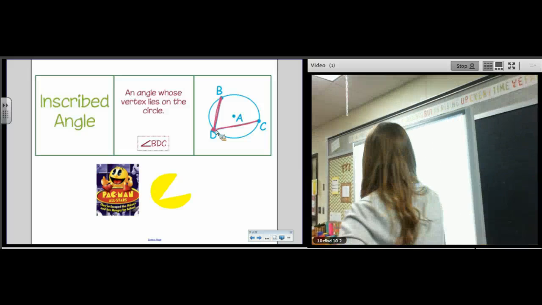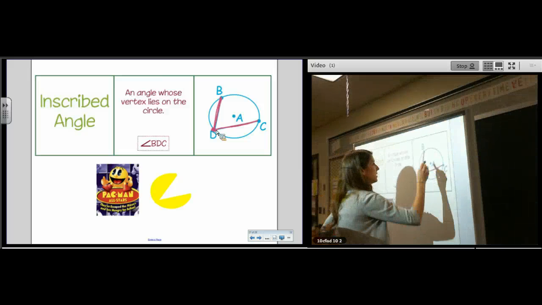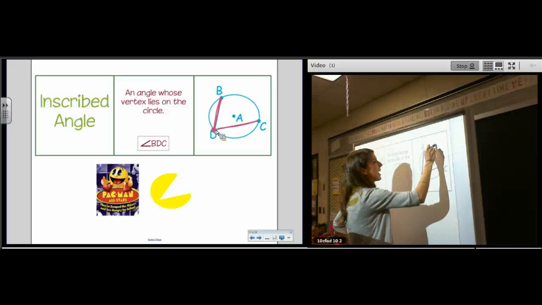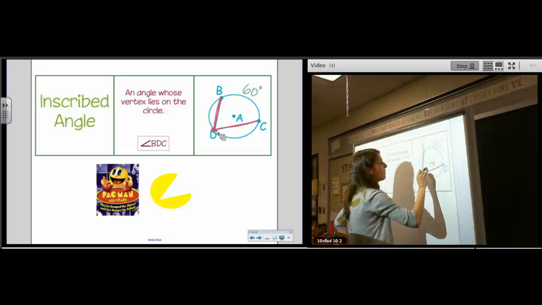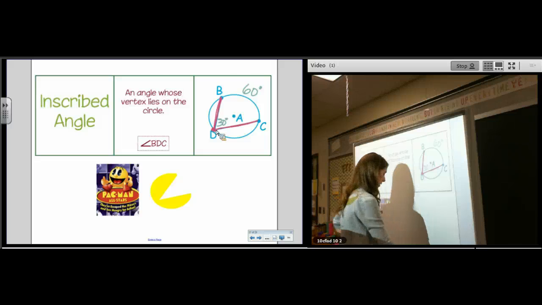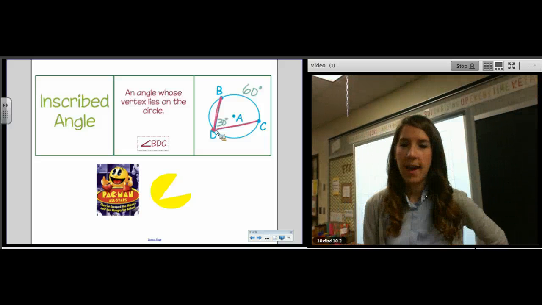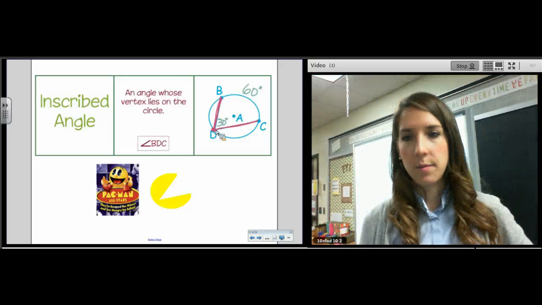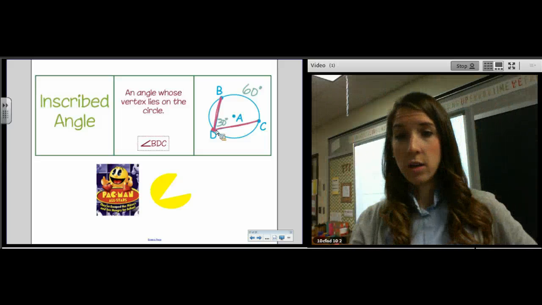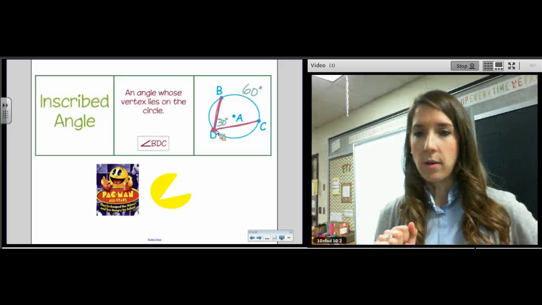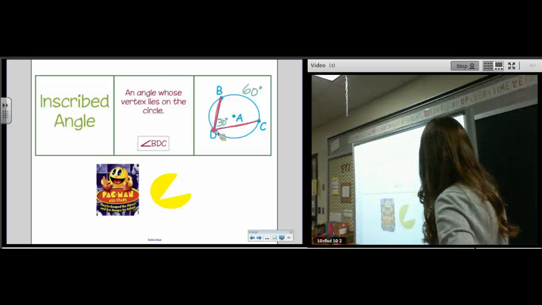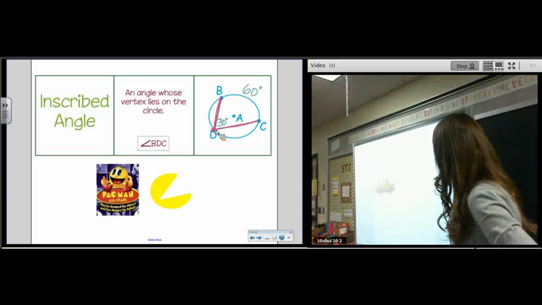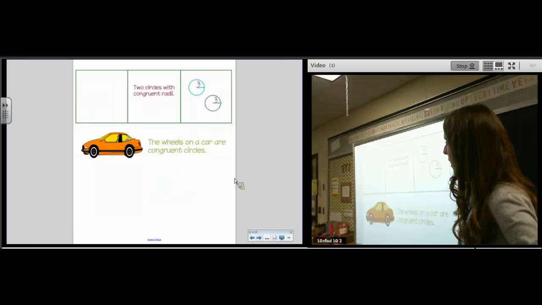We'll learn more about this later as well, but an inscribed angle is actually half of the measure of its intercepted arc. A 60-degree arc would make for a 30-degree inscribed angle. If I'm going too fast for you, I promise I'm recording.